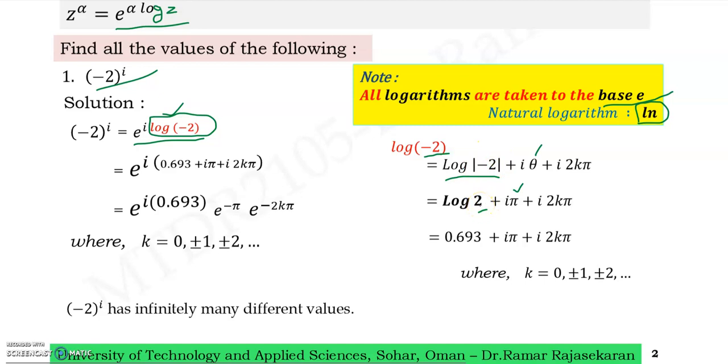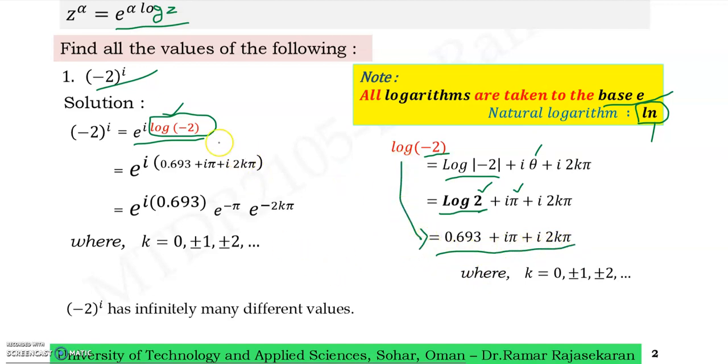So I write log 2 plus i pi plus i 2k pi. Now, what is log 2? You have to take the calculator and find the ln value of 2. That is 0.693 plus i pi plus i 2k pi. This is the value of log minus 2.